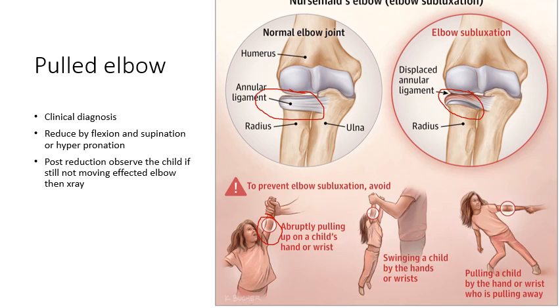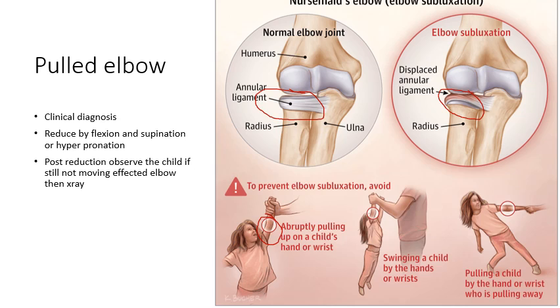After you reduce the elbow, you need to check the distal neurovascular status. Then you need to observe the child for some time, whether the child is again starting to use that elbow. If yes, the child is moving the elbow normally, discharge the patient and advise the parents against all these three mechanisms which are there in this picture on the right side.